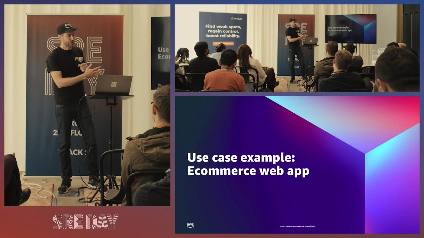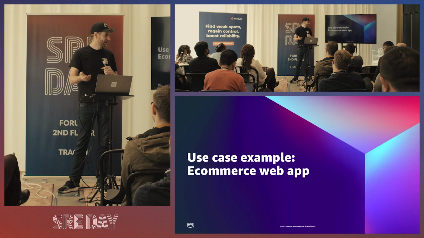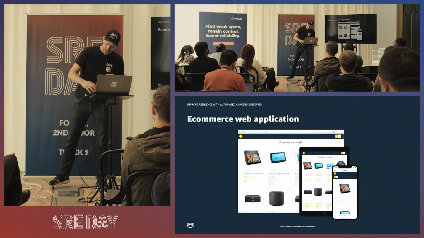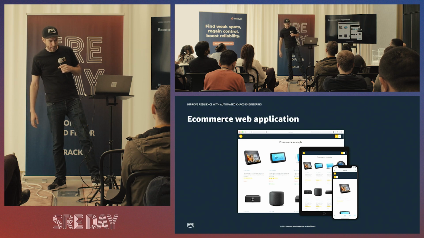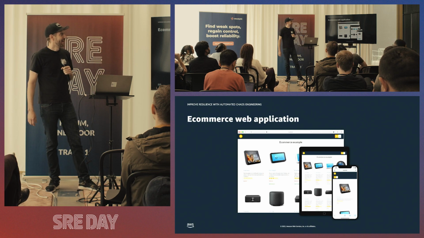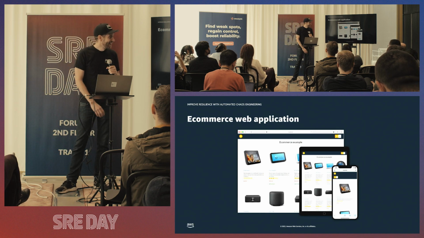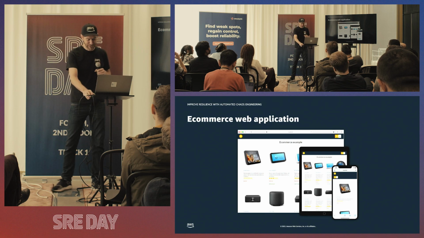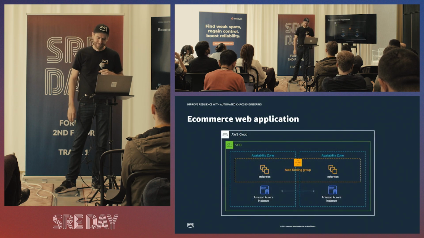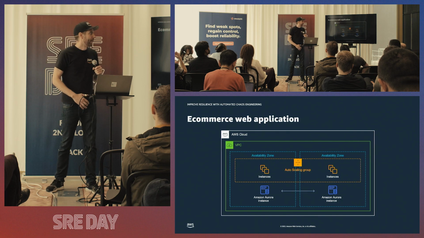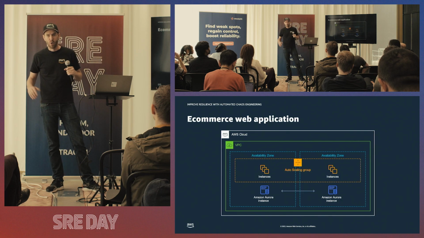So let's just look at a use case example, a simple e-commerce web app. So this fictional e-commerce web app sells a bunch of stuff online. No similarities to any other existing companies, of course. So it has some super awesome architecture in place. In this case, we're running auto-scaling.